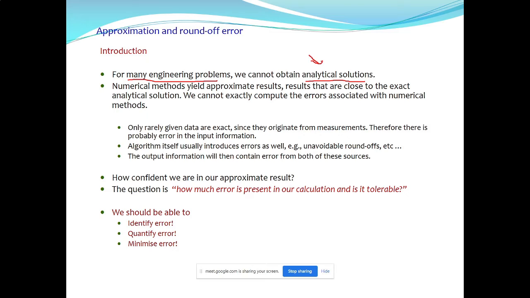But when you talk about numerical, it yields approximate results. So in the previous example, you can see that analytical has some difference from the numerical methods. That is the approximation. That's why we need to define the error.